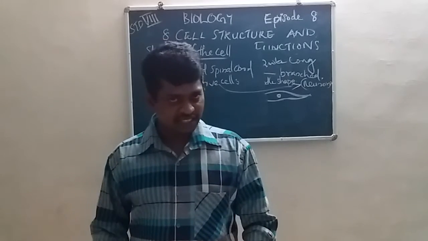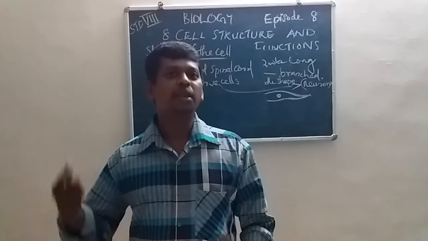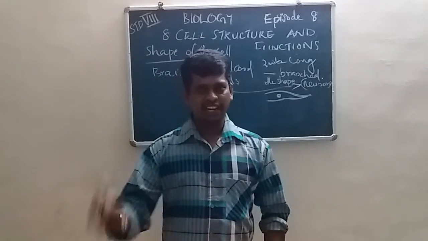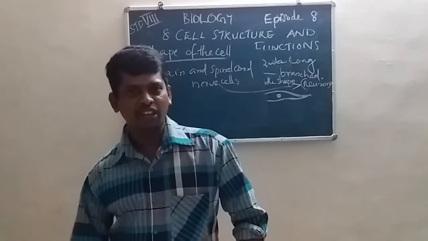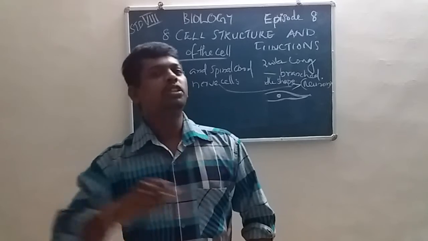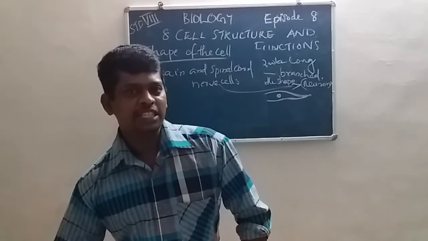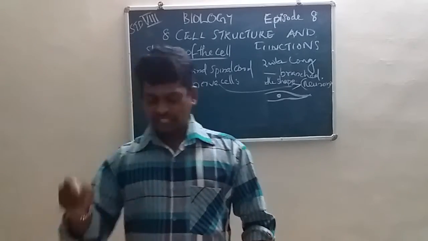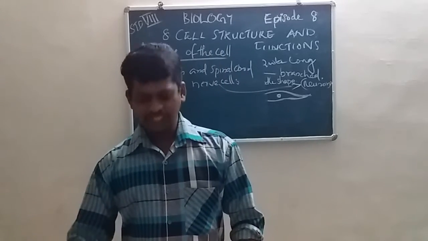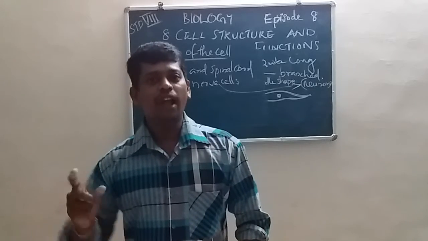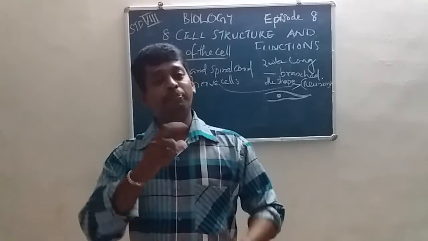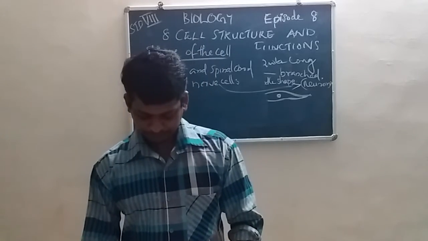The neuron cells receive and transfer messages. Those messages are impulses. The impulse is transferred to the brain, and the answer goes to various parts of the body. So these nerve cells help in control and coordination of all the body. Okay.